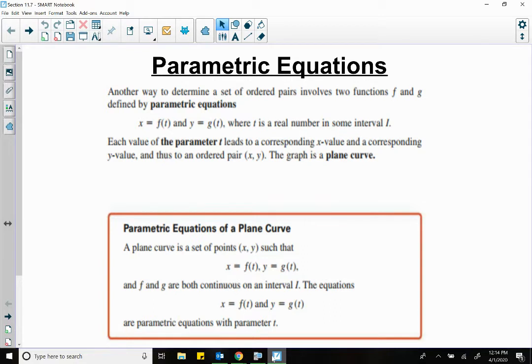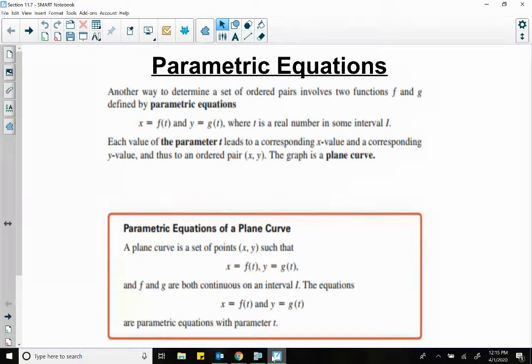Okay, so right here you can read about parametric equations. Basically, you use two functions to make a coordinate point, and the graph is a plane curve. What they mean by a plane curve is just an XY plane.